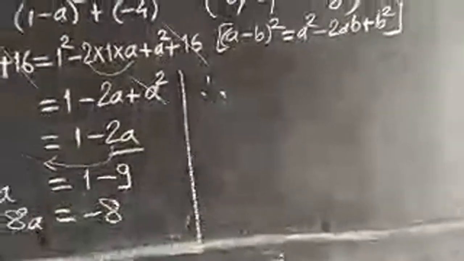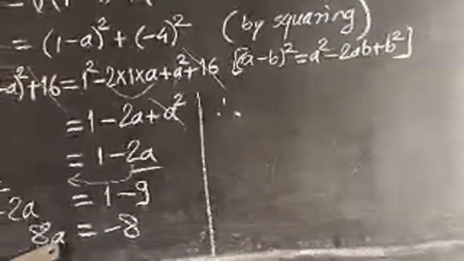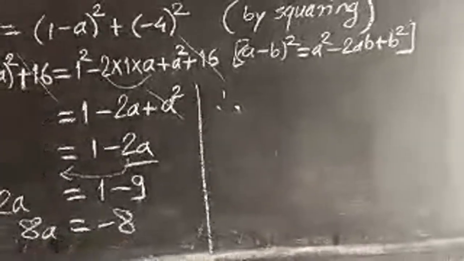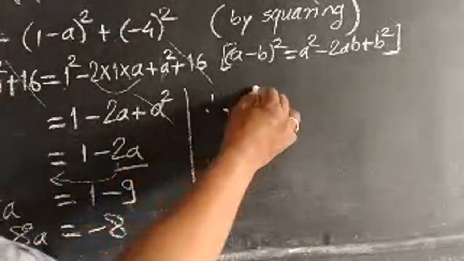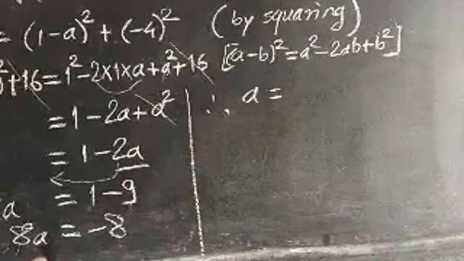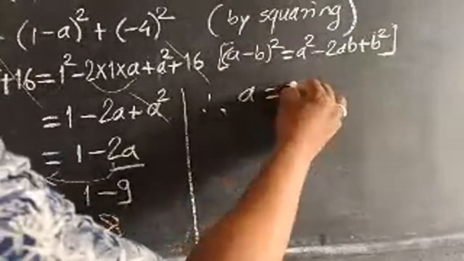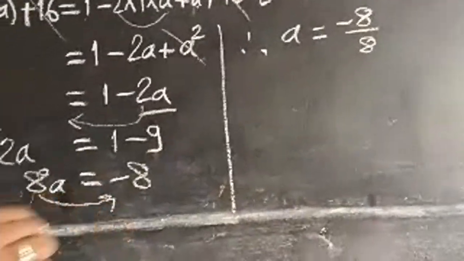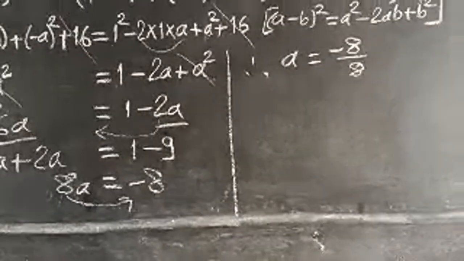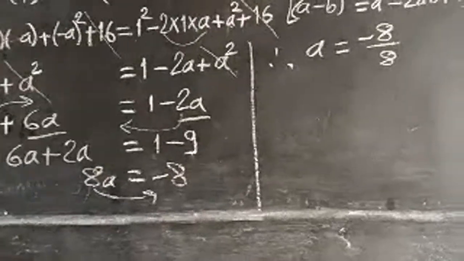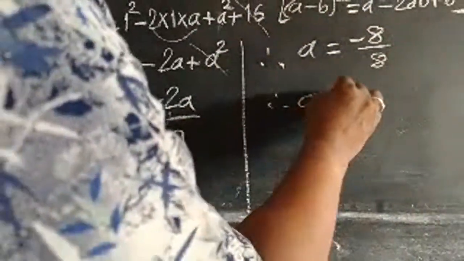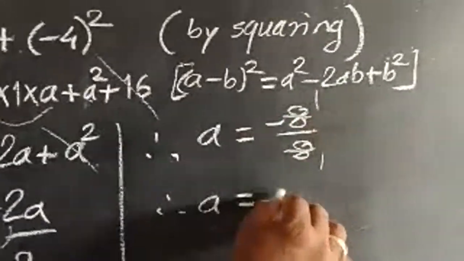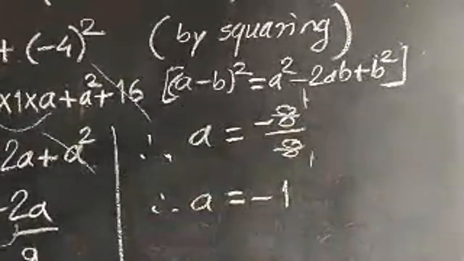Therefore, 8a is equal to minus 8, a is equal to minus 8 upon 8. 8 multiplied, taking to the RHS side, it becomes divide. A is equal to 8 ones are 8, minus 1 upon 1 means minus 1.